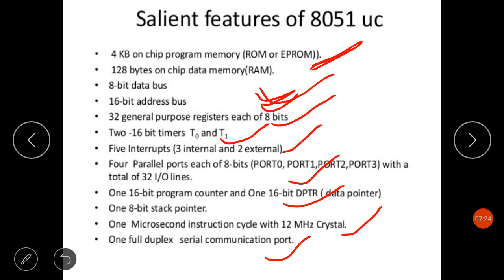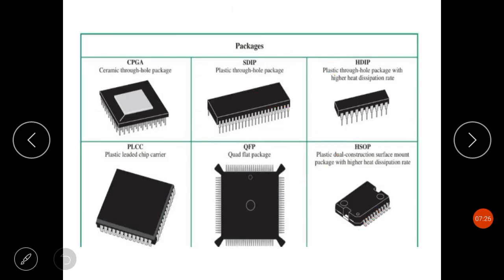Moving ahead with the packaging of the 8051 microcontroller. It is available in a variety of IC packaging types. The most popular and commonly used packaging is dual inline packaging, that is DIP.